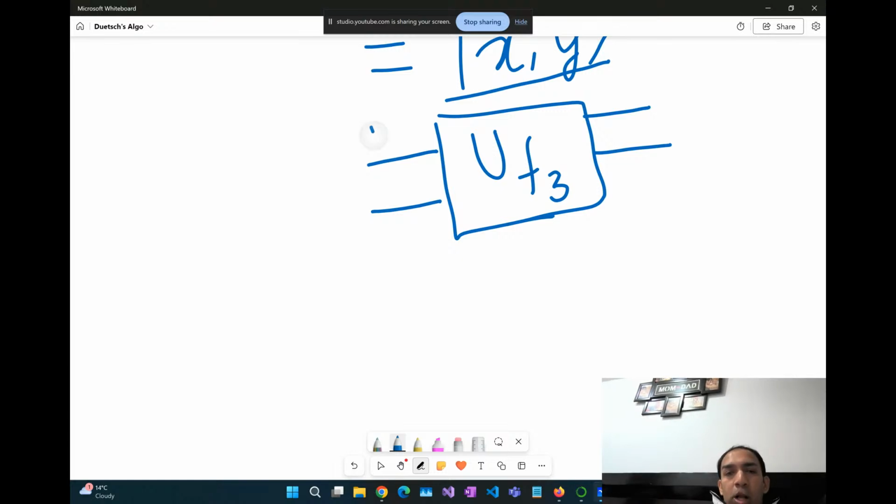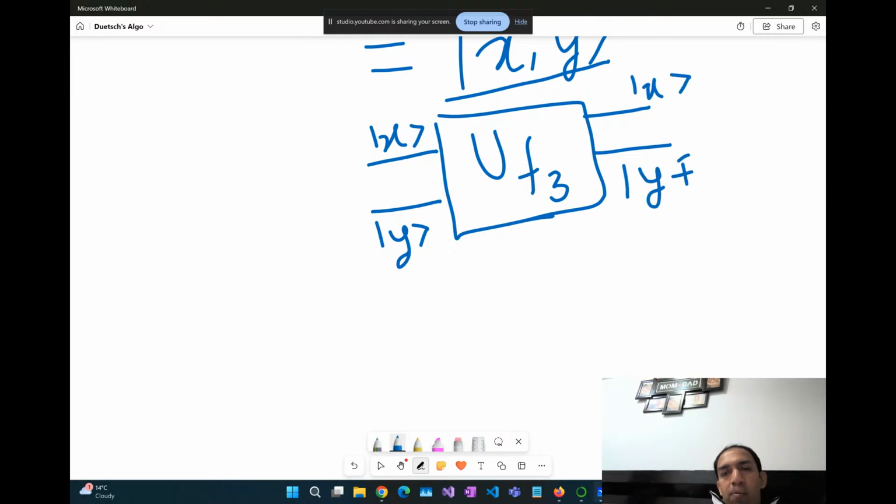Now, again, you have input as X, Y, and you have X coming out, Y plus Fx coming out. As we can see, we have two inputs here.